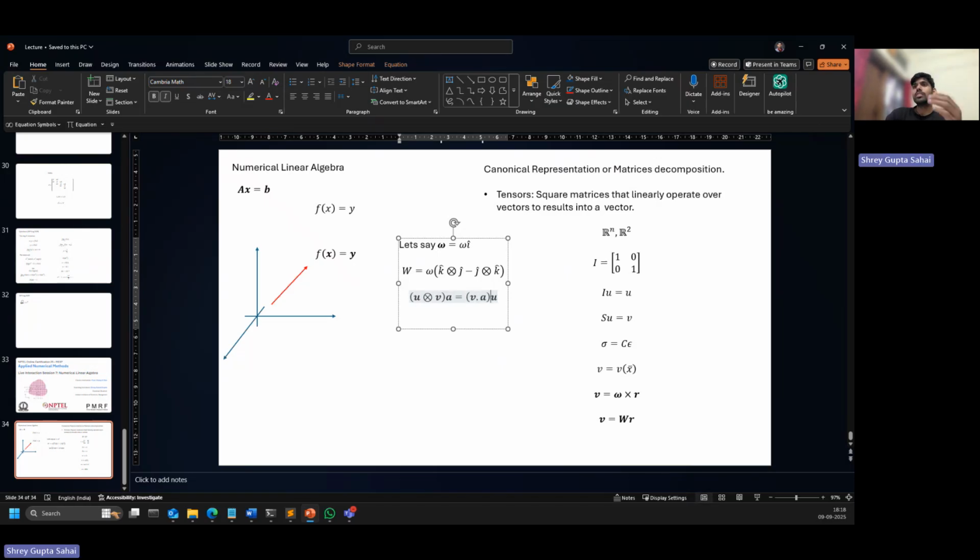So you see, it's the projection of the arbitrary vector along v, and the magnitude of that projection in the direction of u. It becomes a little confusing, but I'll show you how it looks.